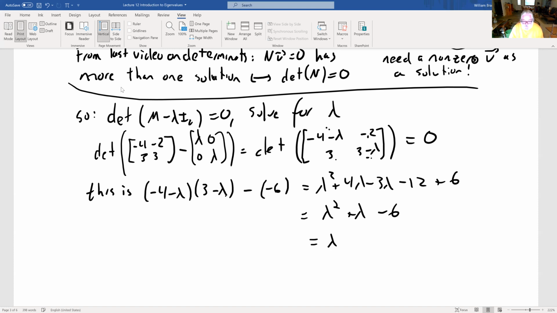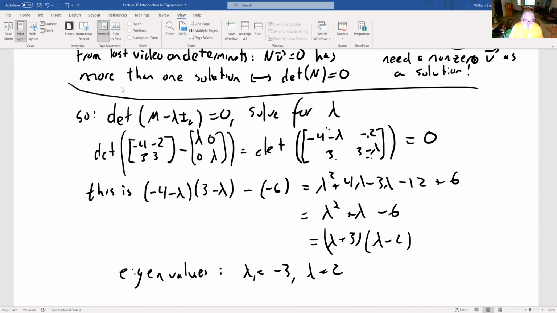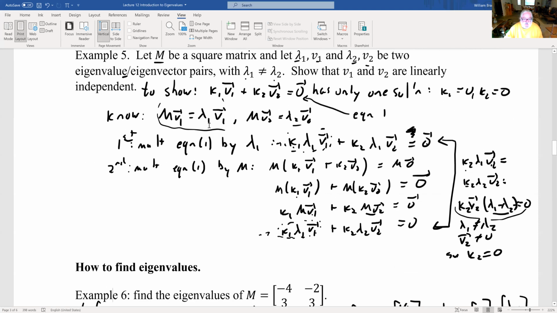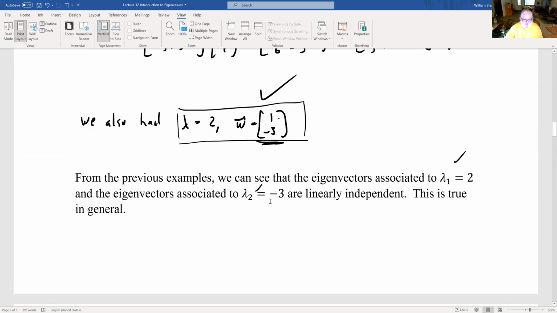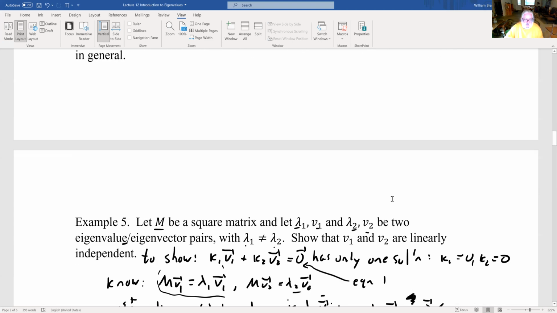We get lambda plus 3 and lambda minus 2. So our eigenvalues are lambda equals -3, lambda equals 2. We'll call them lambda 1 and lambda 2. And we already knew that because we've actually shown that lambda 2 equals -3, and lambda 1 equals 2 are the two eigenvalues.